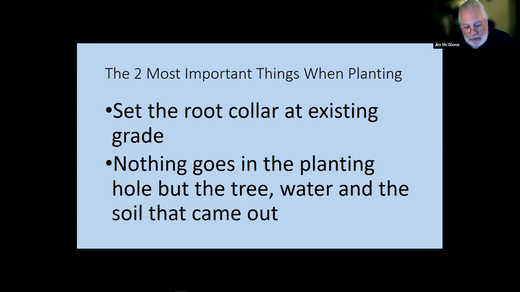And that means it makes it really hard for water to either go into the planting hole or leave the planting hole. Because water does not like to cross barriers from one type of soil to another type of soil. So don't amend it. If you amend it, you're going to be turning your planting hole into a pot, essentially.